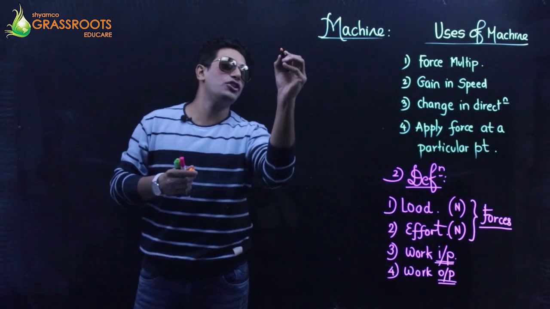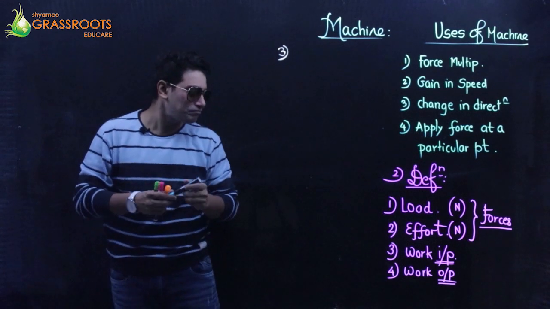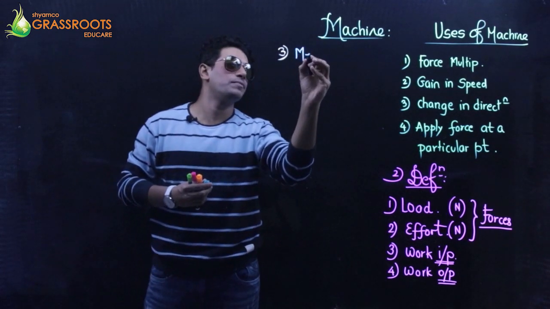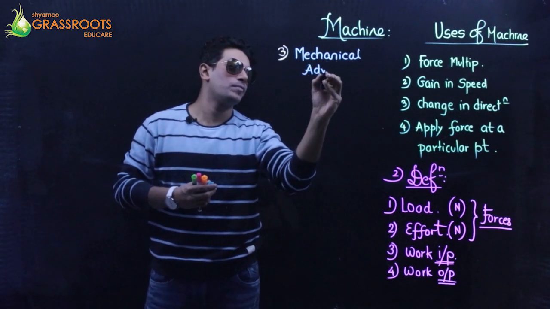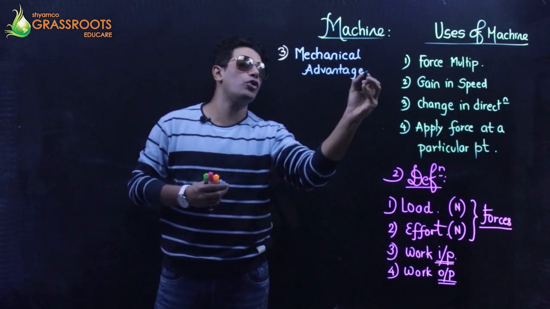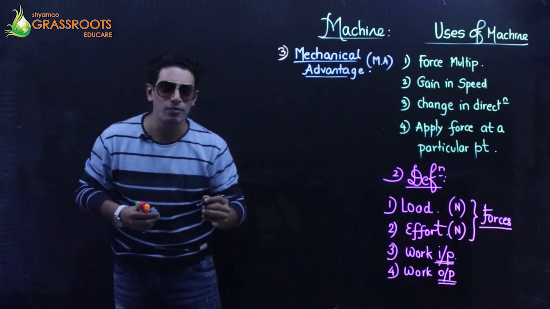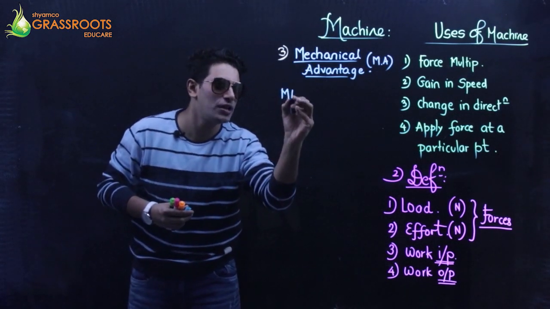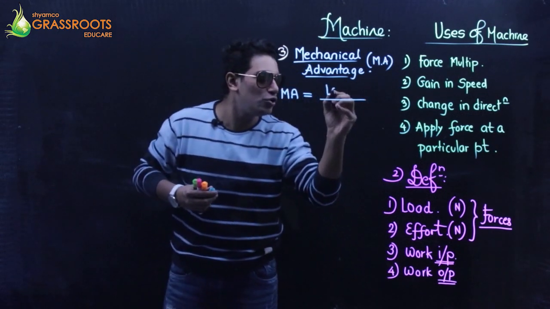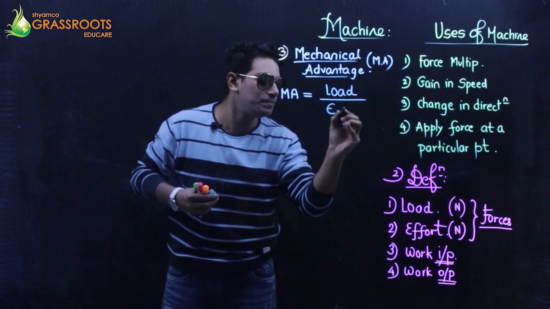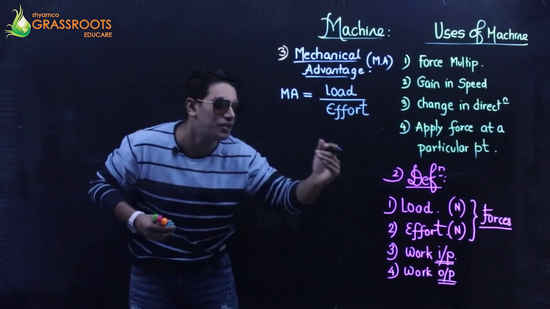The next definition is about mechanical advantage, and much more about mechanical advantage. We call it MA. Mechanical advantage is equal to the ratio of load to effort.